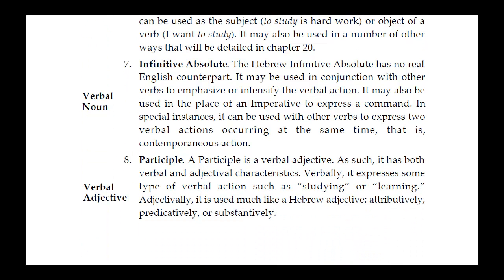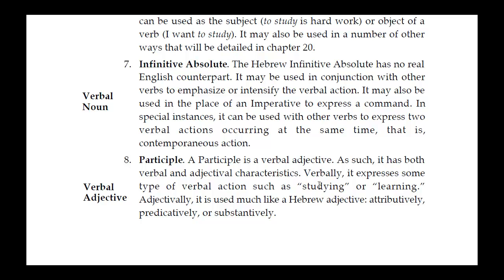Number 8 is the participle. In English, a participle is anything we have with -ing on there: studying, learning, smashing, running, talking. That is a participle. It has both verbal and adjective characteristics.